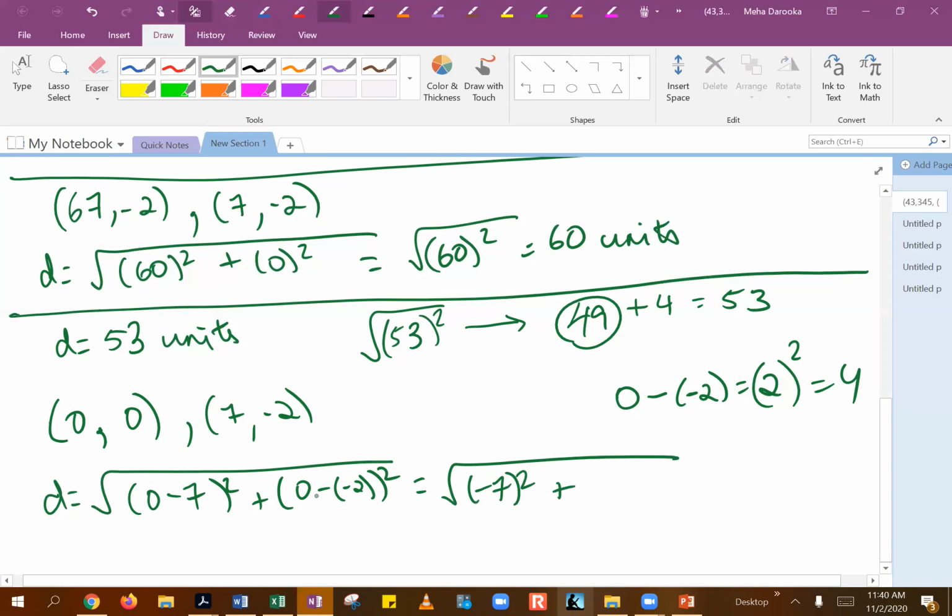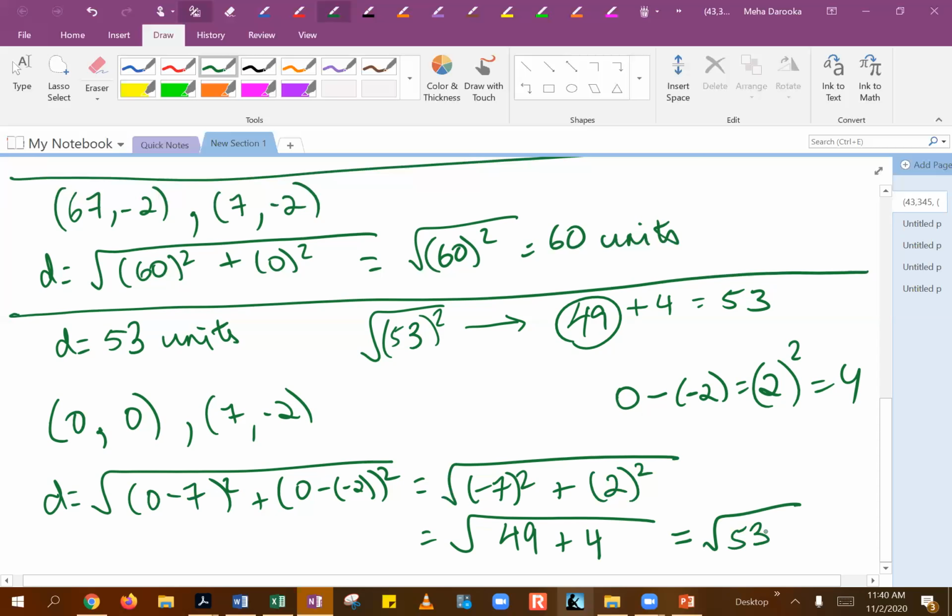Of course, on this side where I'm doing 0 minus negative 2, that would give me positive 2 squared. We know 7 squared is going to be 49. 2 squared is going to be 4. So 49 plus 4 will give us 53.